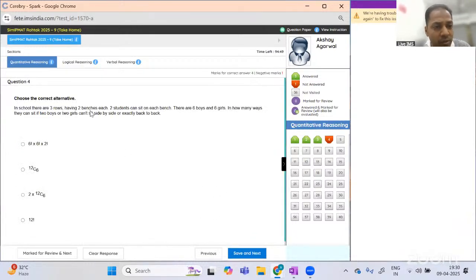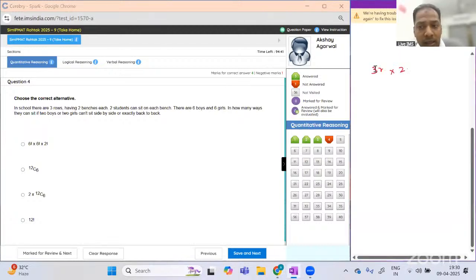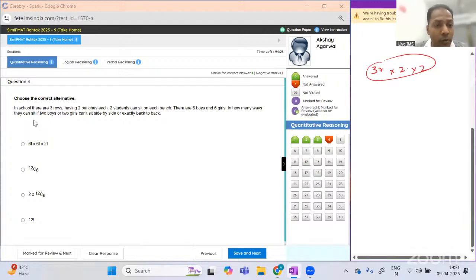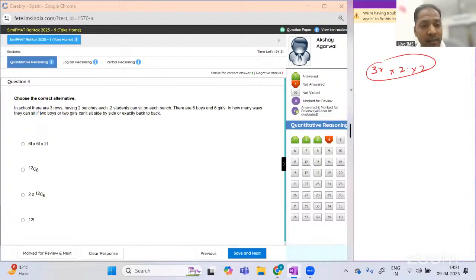In a school, there are 3 rows having 2 benches each. 2 students can sit on each bench. 3 into 2 into 2. There are 6 boys and 6 girls. In how many ways can they sit if 2 boys or 2 girls can't sit side by side or exactly back to back?